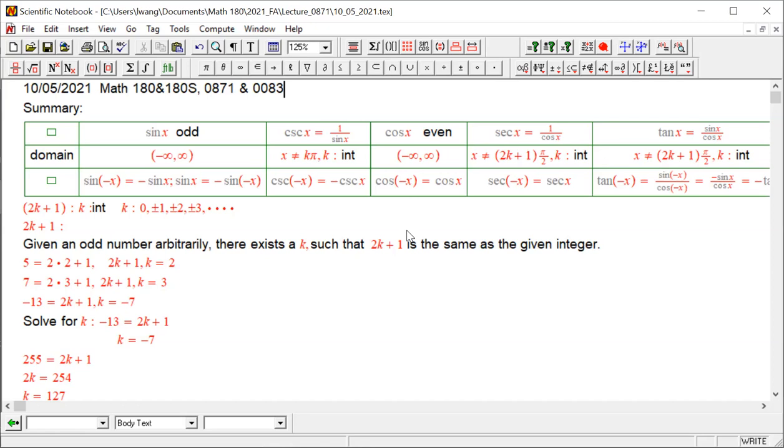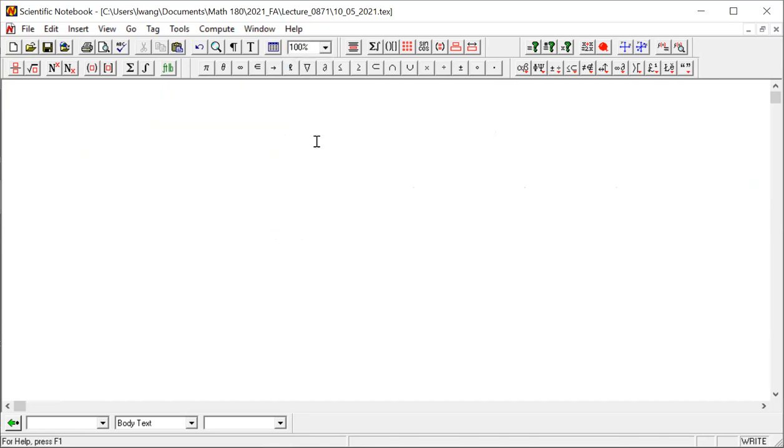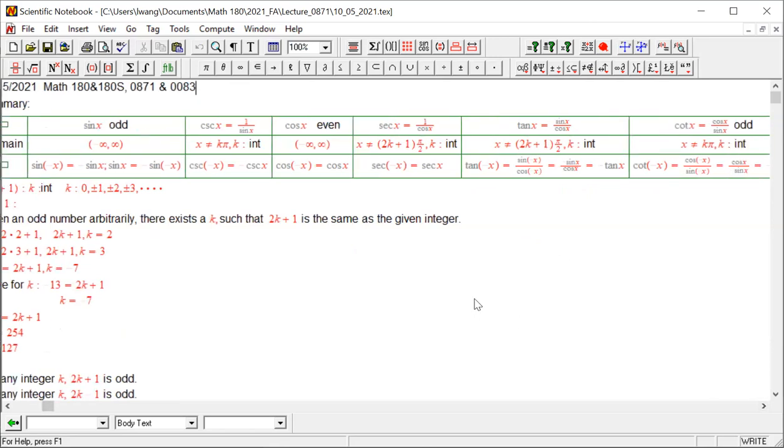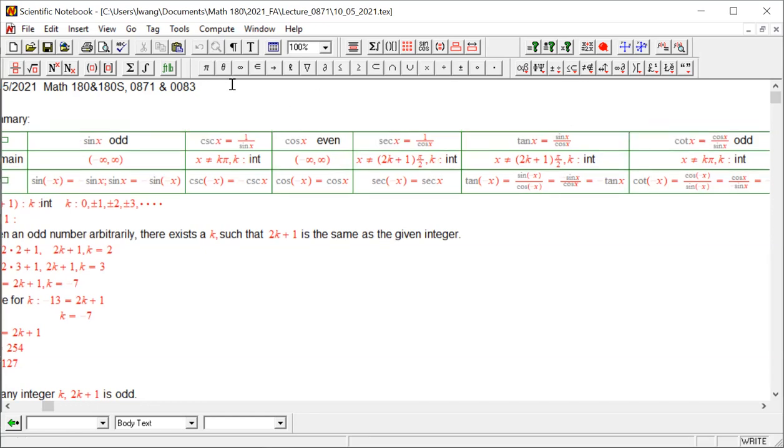Can I see the columns? Can you guys see these? Is that too small, too big? It's a little too small. Let me do some rearrangement.